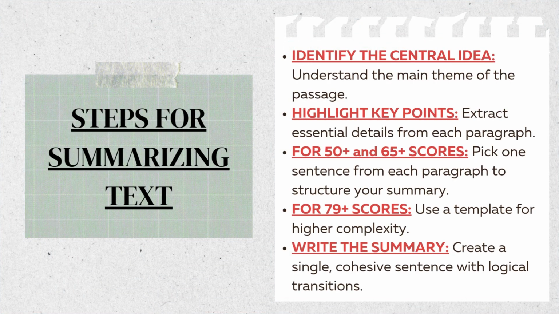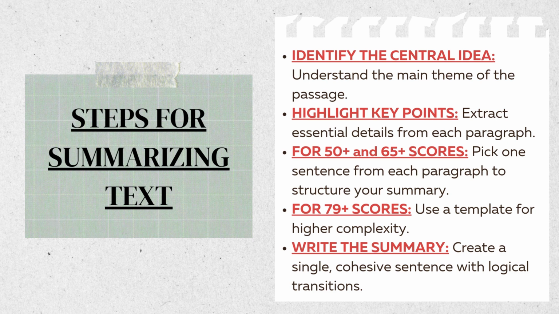To effectively summarize a passage in the PTE Summarize Written Text task, follow these key steps. First, identify the central idea by understanding the main theme of the passage. This will guide the focus of your summary. Next, highlight key points by extracting essential details from each paragraph to ensure you're capturing the most important information. For achieving scores of 50+ or 65+, pick one sentence from each paragraph to structure your summary, creating a clear and concise response.